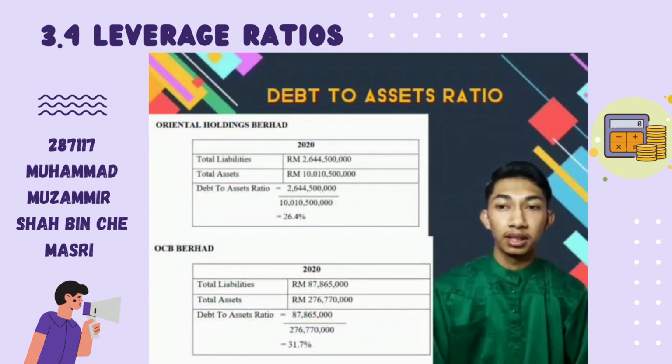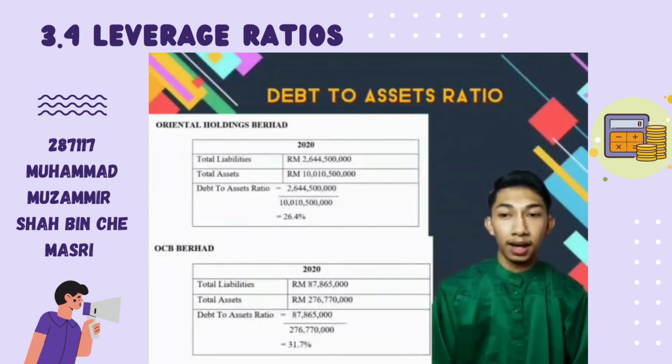For interpretation between two companies, Oriental Holding Berhad has a debt to asset ratio of 26.4% in 2020, which is lower than OCB Berhad's debt to asset ratio of 31.7%. In comparison to Oriental Holding Berhad, it appears that OCB Berhad has been more active in funding its expansion with debt in 2020. Profitability may be unpredictable as a result of the greater interest expense.